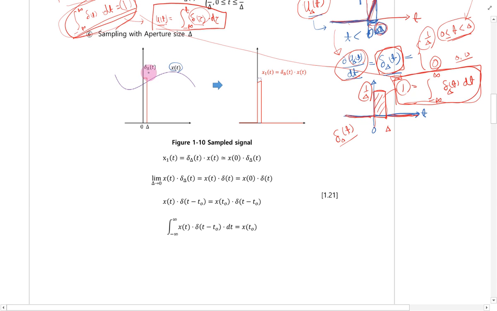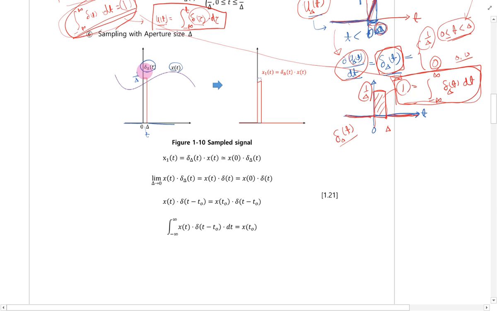This delta function is 0 at all other times except t between 0 and delta. If t is between 0 and delta, it has the value 1 over delta. That's the definition of this delta function.